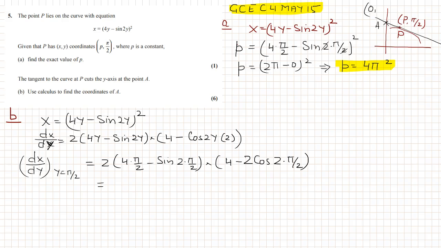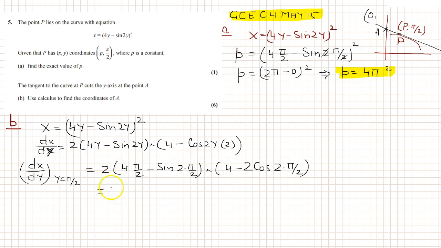So that is equal to 2 times 2 pi minus sine pi is 0, then 4 minus 2 cos pi.